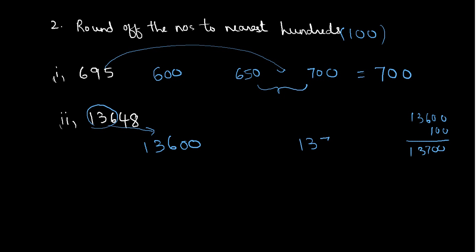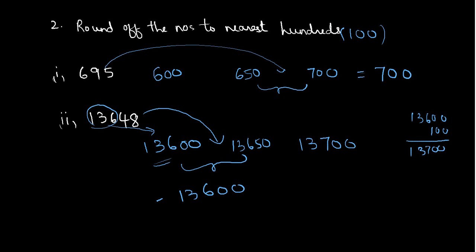What is the number that comes between? 13,650. So where does that number come? The number comes in this range, so the nearest hundred will be 13,600. I hope you understood this problem. Let us go to the next problem.